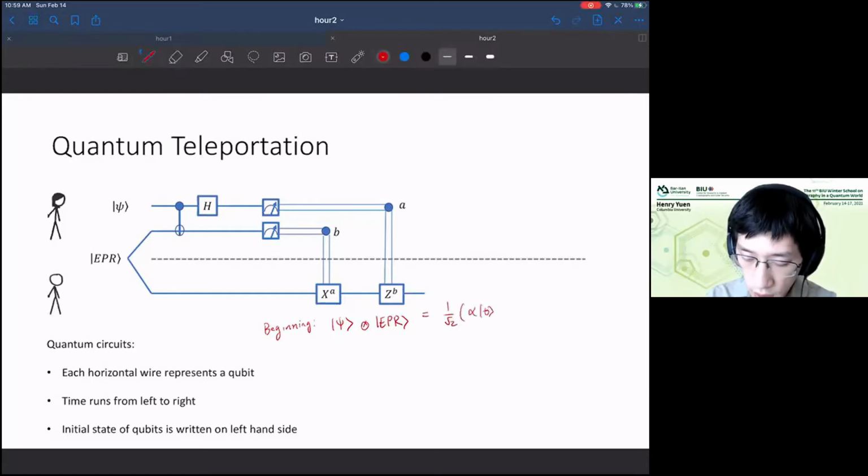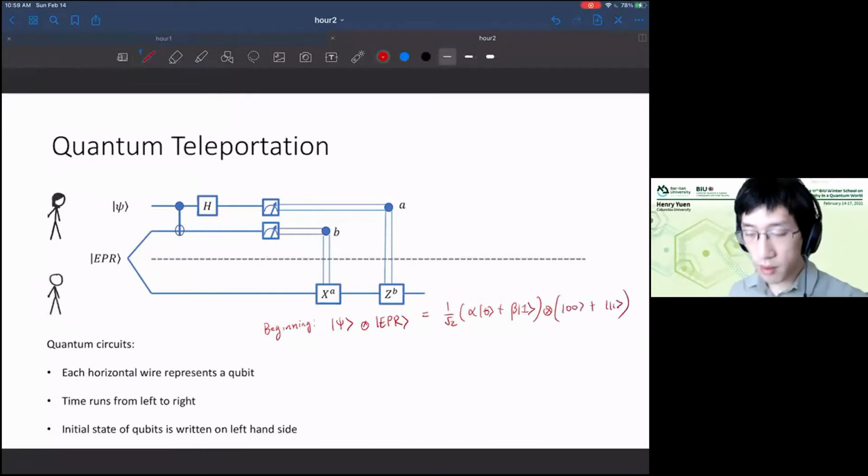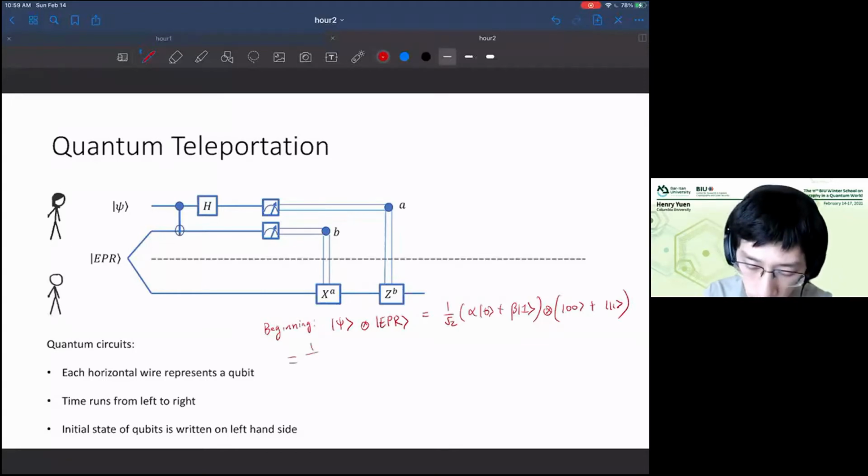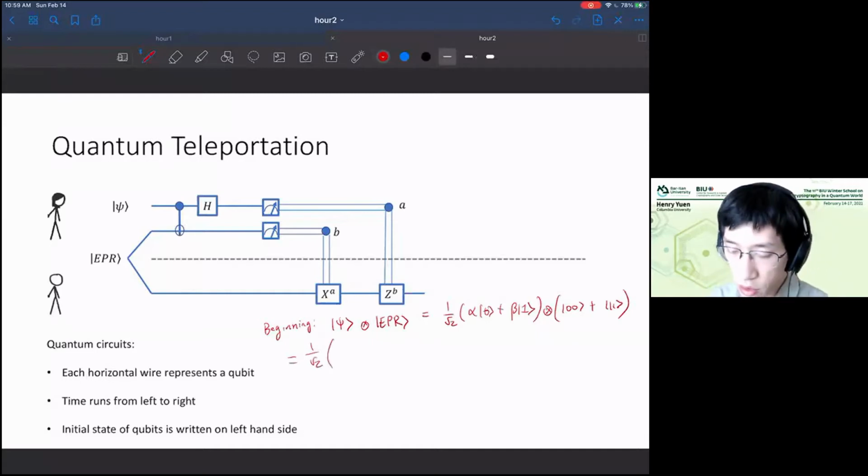So we can expand what all these states are. This is alpha ket 0 plus beta 1. That's the state psi, tensor 0, 0 plus 1, 1. Okay, and let's just expand this out because that'll be useful for us. So if we expand this out, then we get a description of a 3-qubit state.